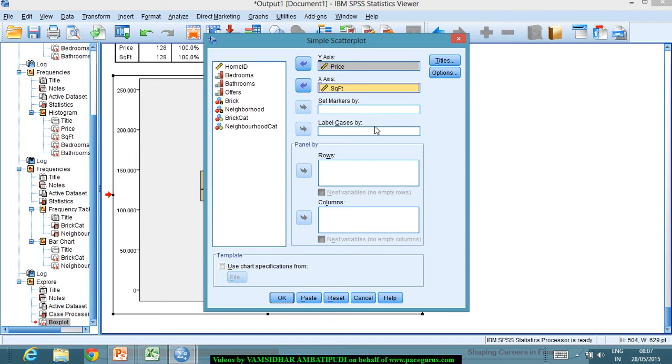Right, so these two I'm marking, and for the labeling, if I want, I'll do it with the ID.